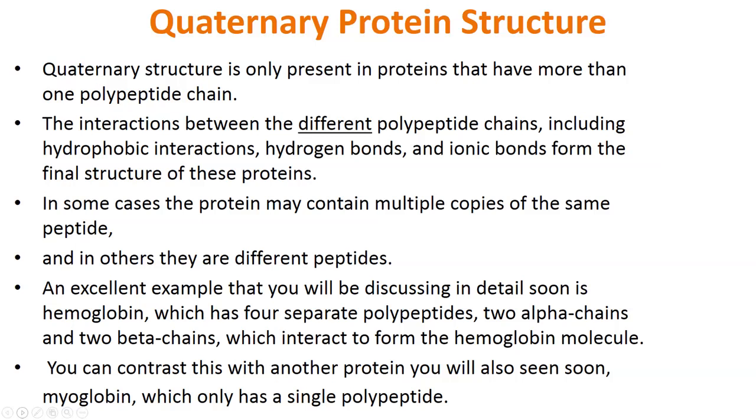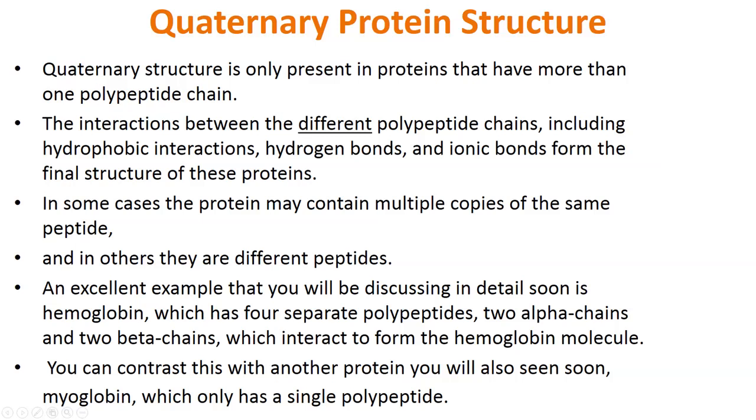Actually, we'll talk about ribosomes this week. They have a bunch of different polypeptides in there. So anything that has more than one polypeptide has quaternary structure. You can have all the same types of bonds with quaternary structure that you see in tertiary structure. I didn't list the disulfide bonds, but those could potentially happen as well. Not as common, but they can happen.